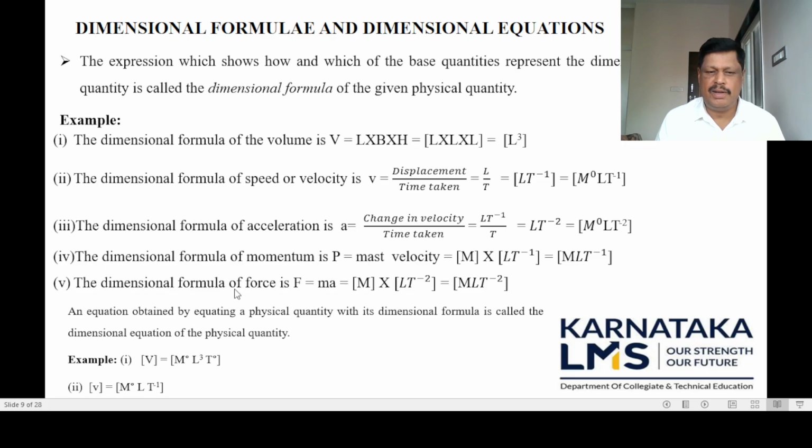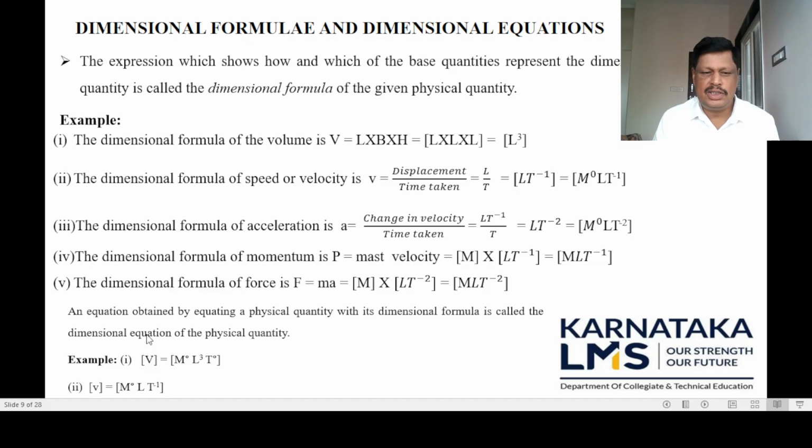Similarly, we can write the dimensional formula for force using the formula F is equal to ma. Mass is represented by M and acceleration is represented by L T to the power of minus 2. Therefore, M L T to the power of minus 2 is the dimensional formula for force.